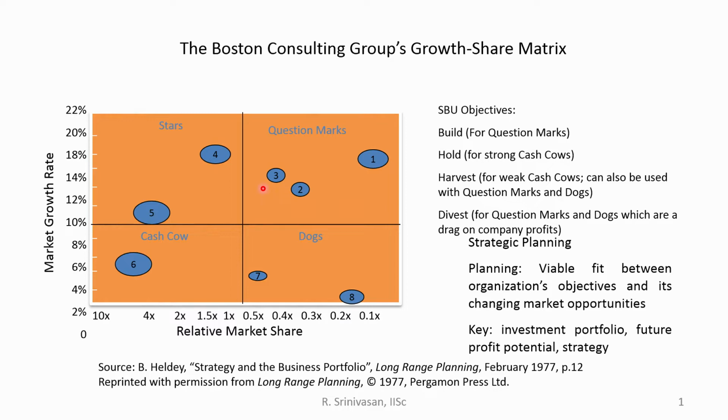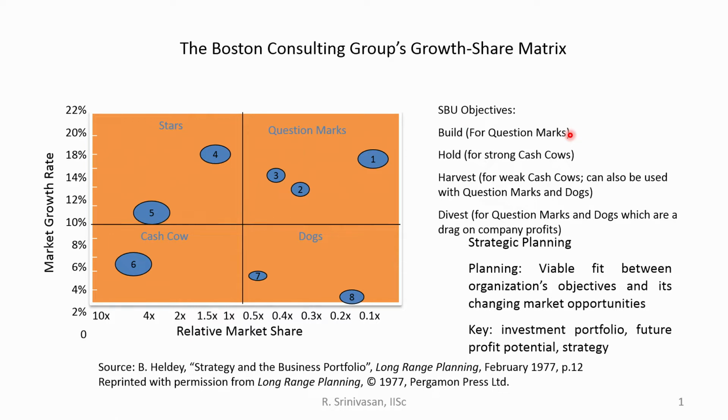They were trying to find their feet in the market. So, whenever an SBU is in the question marks stage, depending upon how strong it is, you pump in money to build that market. So, the SBU objective should be to build for question marks.